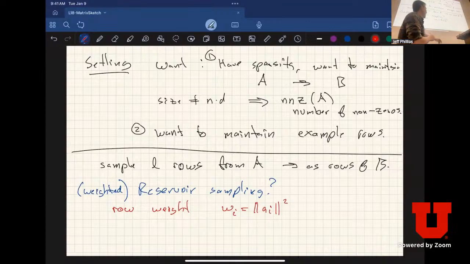Okay, this is not the optimal way to sample the weights. This is a simple way that works pretty well, and in some cases it works as well as the optimal way, which I'll tell you next.